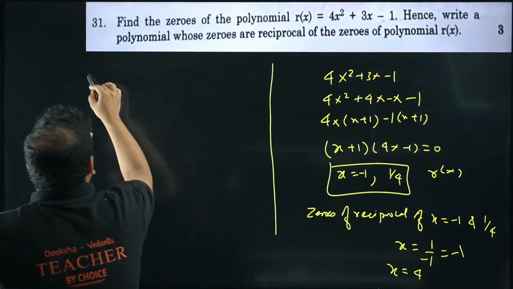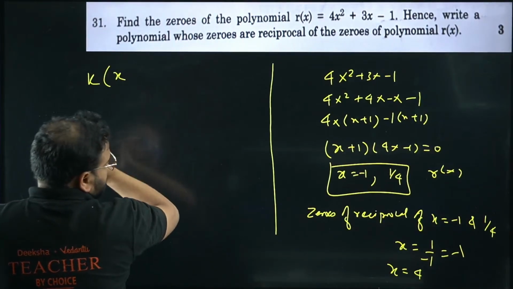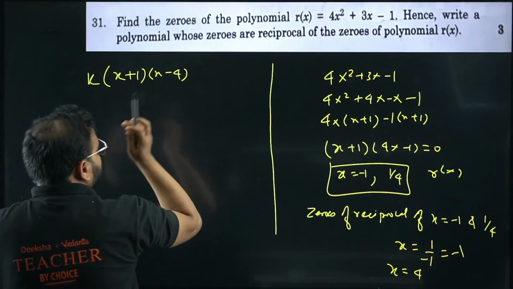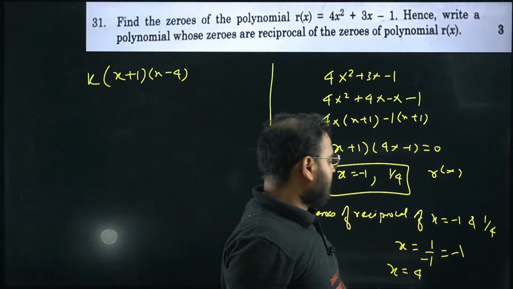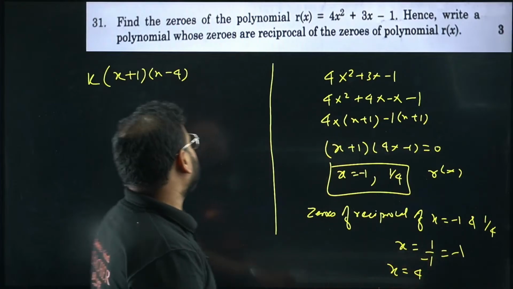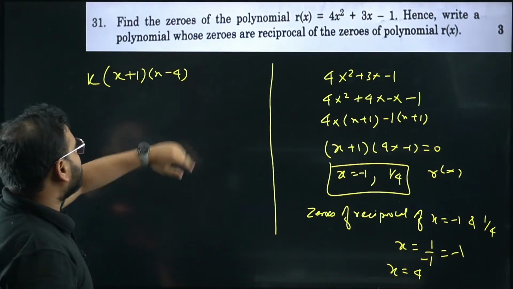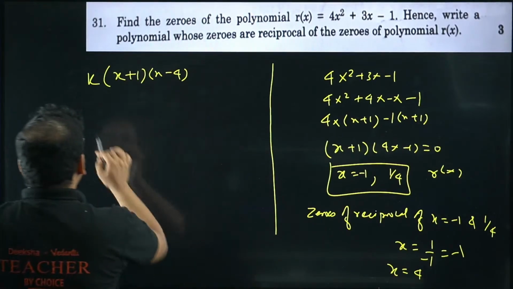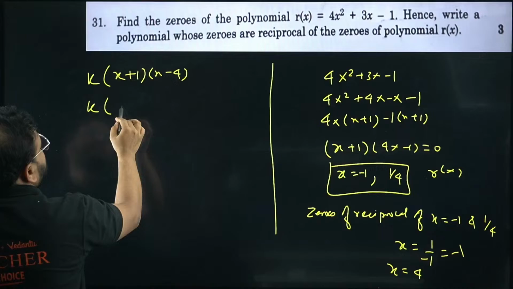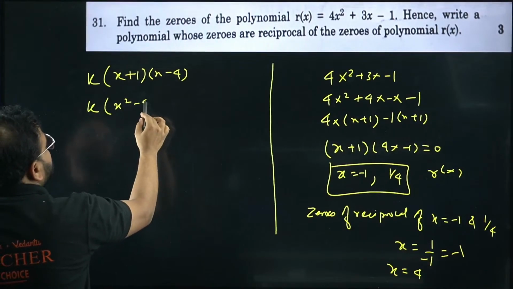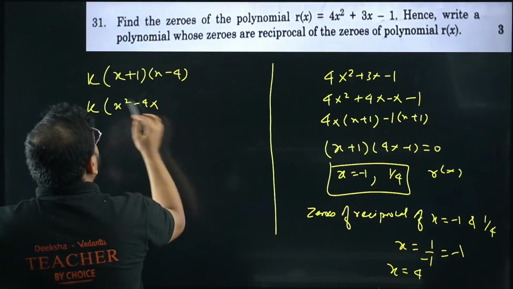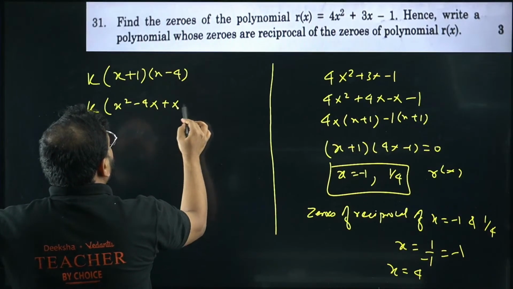It will become, I will keep this k outside, x plus 1 and x minus 4. That's a polynomial, right? Because the 0 is minus 1, put here x as minus 1, this whole thing will become 0, put x as plus 4, this whole thing will become 0. That means correct. K is a constant outside, you can write this as x square minus 4x. I get this as, please check, plus x and minus 4.